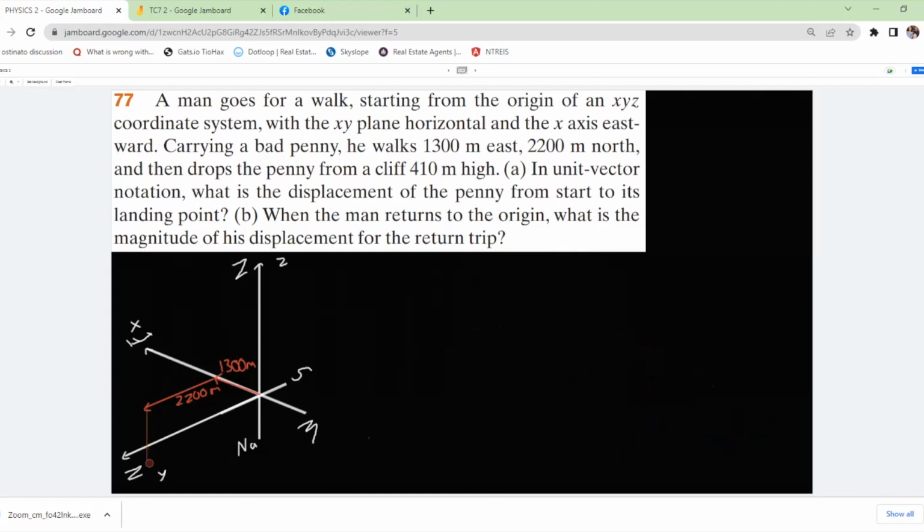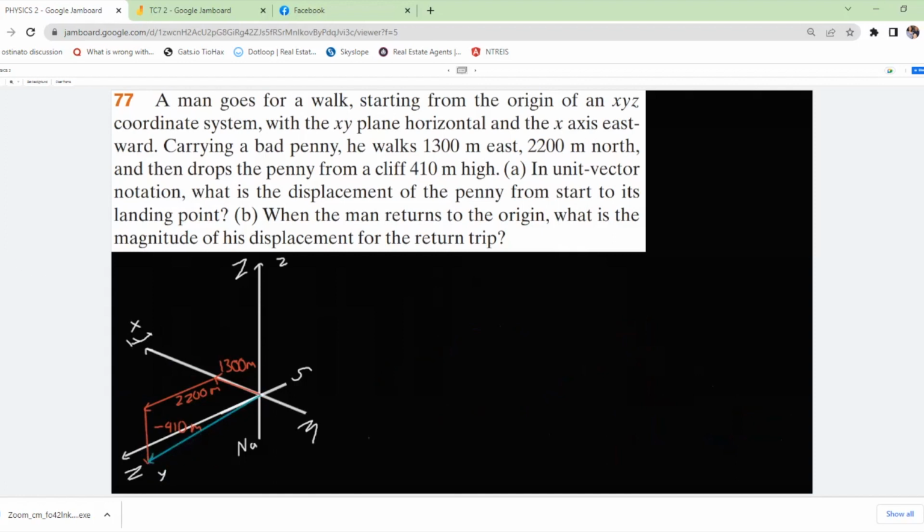Ayan. Tapos, ano yung in unit vector notation, ano yung buong displacement na yan? Vector.